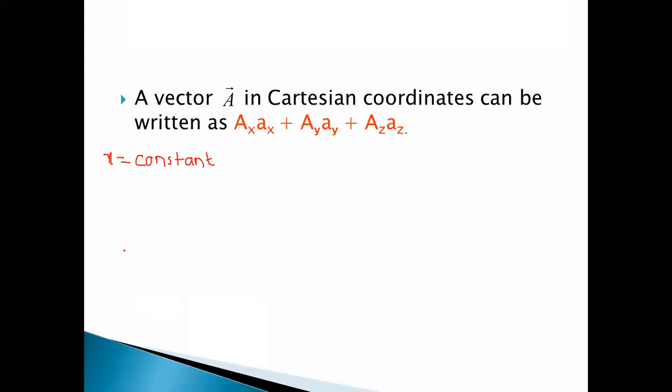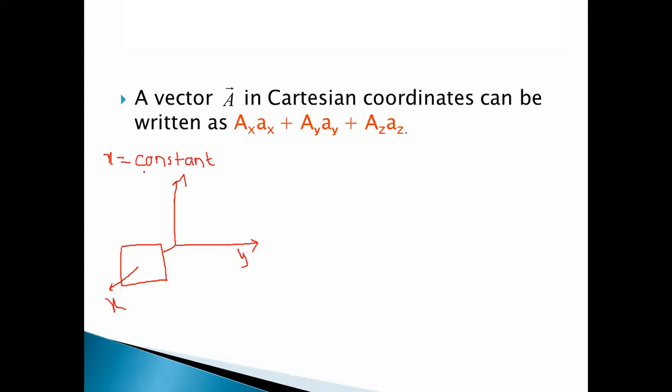For that purpose, everyone draw this very fast.